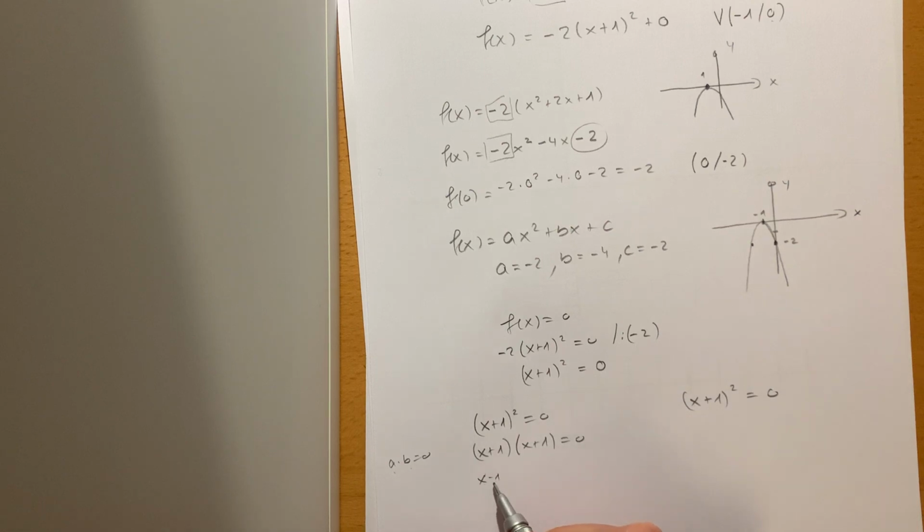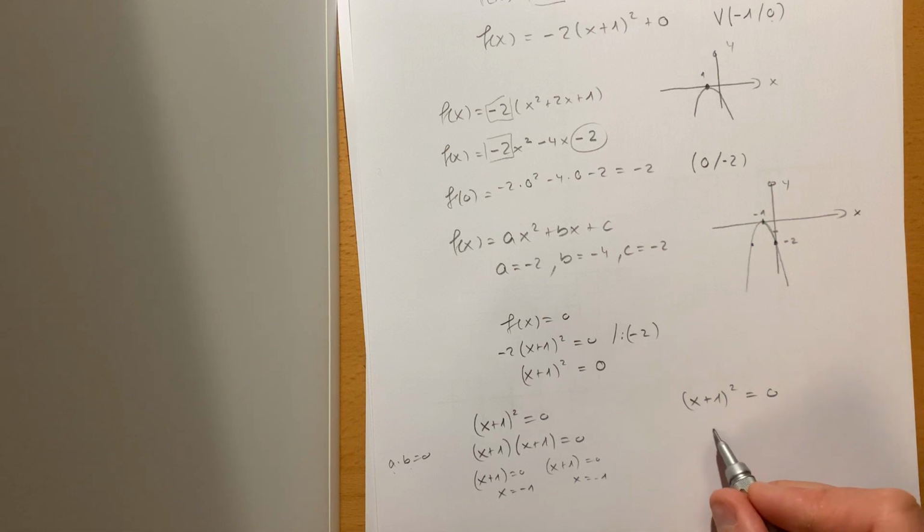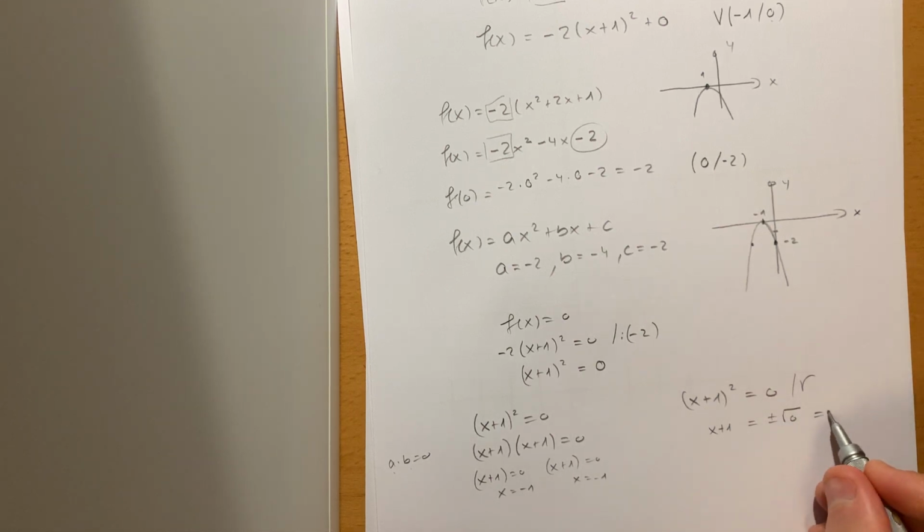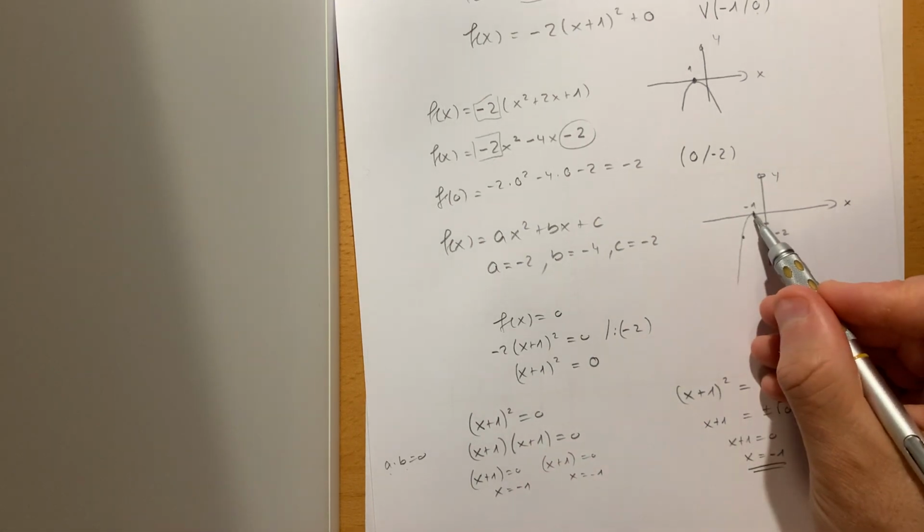So x plus 1 is equal to 0, so that means x is minus 1, or x plus 1 is equal to 0, so x is minus 1. So you have 2 times the same zero at minus 1. Or you could do it like this: x plus 1, you take the square root, so you get plus minus the square root of 0. Well, that's still 0. And then x plus 1 is 0. x is equal to minus 1. So you can see we do have a zero at minus 1.